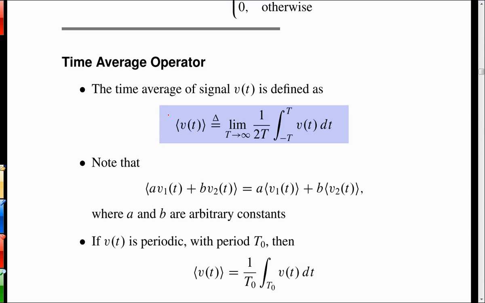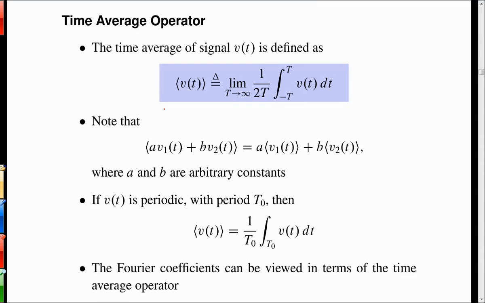So the time average operator just takes the signal and averages over all time. It's a linear operator, so that if you take the time average of a linear combination of two signals, you get that same linear combination of the individual time averages. If a signal is periodic, it says that the time average operator only has to average over one period.